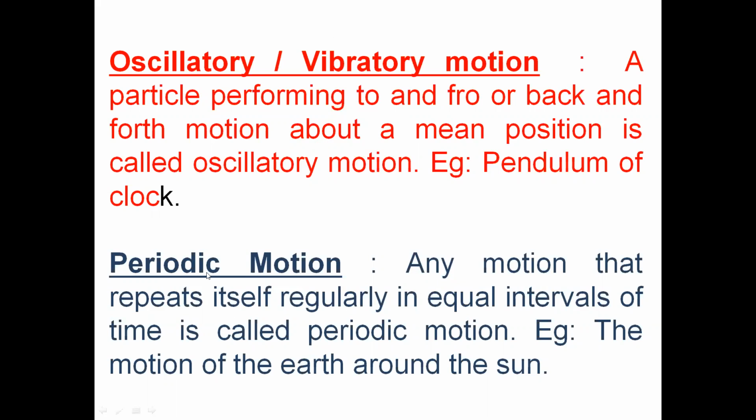Now, what does periodic motion mean? Any motion that repeats itself regularly in equal intervals of time. Periodic, period, means something is repeating in equal intervals of time. When a body is moving in a circular motion, crossing a point at a particular frequency, in short intervals of time, that is called periodic motion.